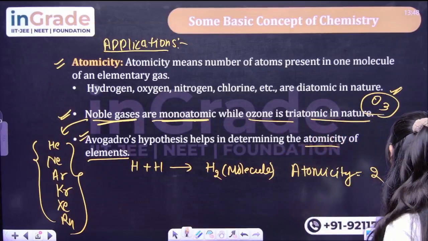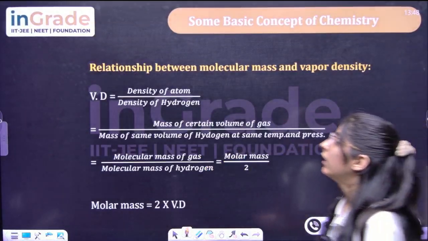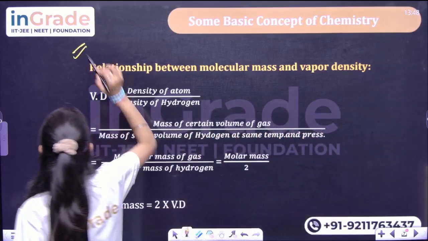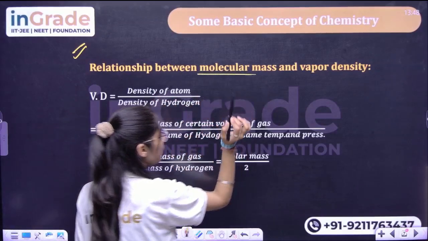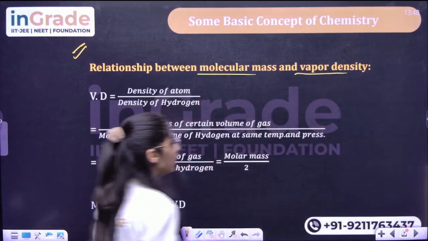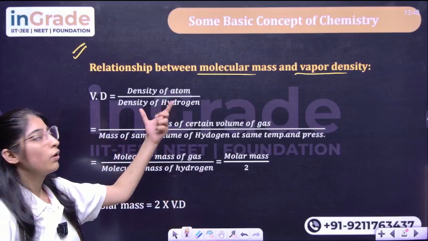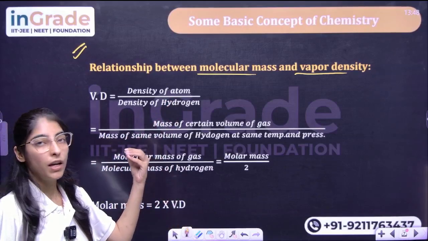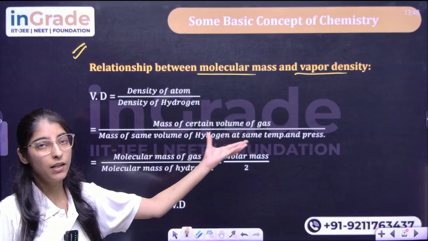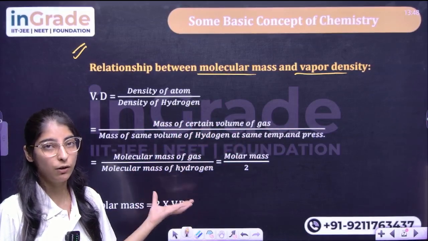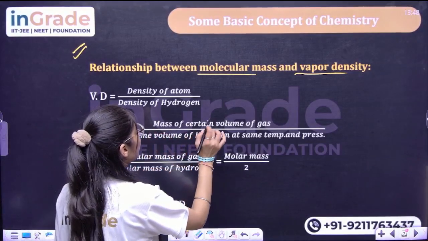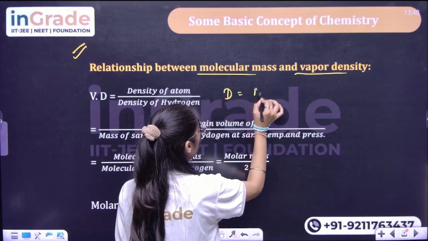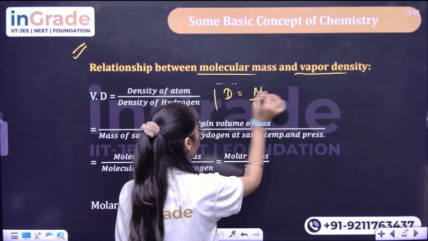Now let's move further and see another application of this hypothesis, which gives the relationship between molecular mass and vapor density. In mole concept, you are going to see many questions framed over this vapor density. So how is vapor density calculated? Simply, students, we all know that density is equal to mass per unit volume, right?